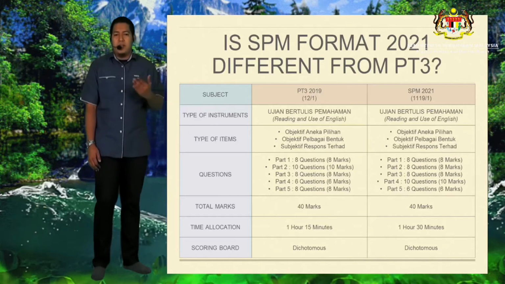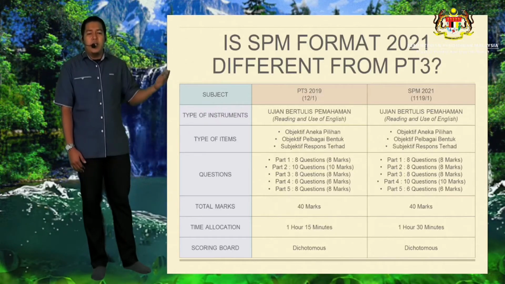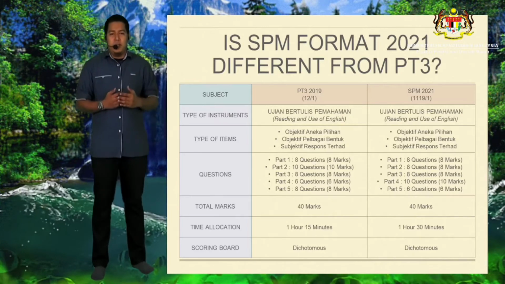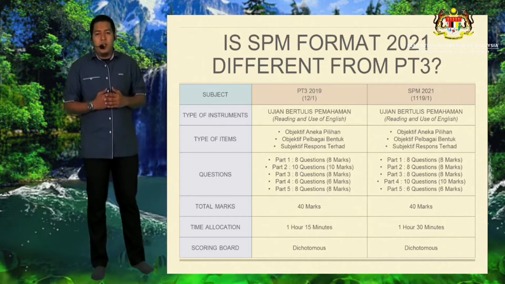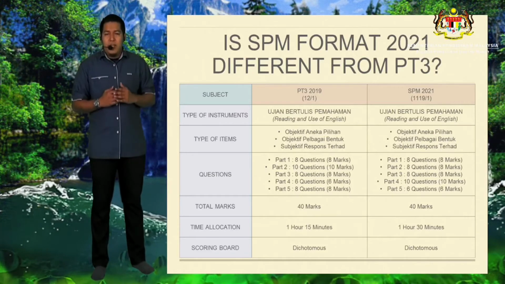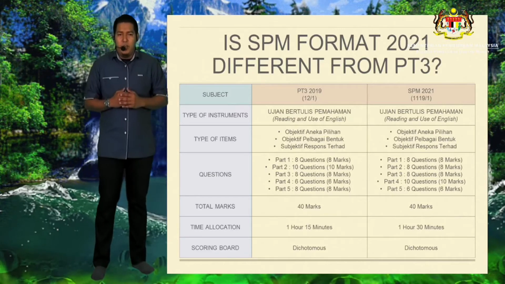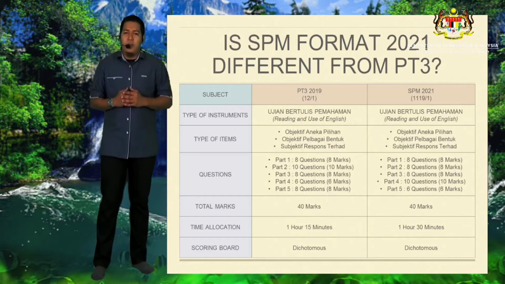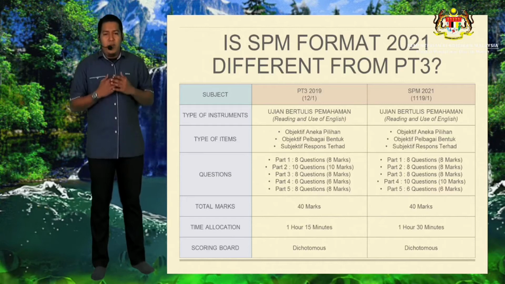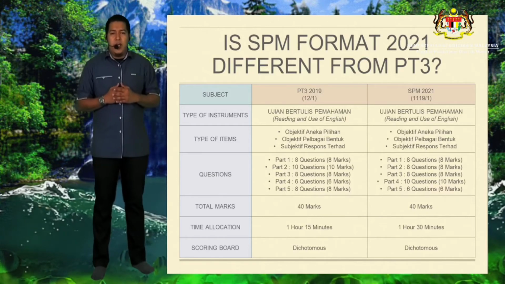How about marks? Both papers share the same total marks, which is 40 marks. And the weightage for the reading paper still remains the same as PT3, which is 25%. The time allocation is different between PT3 and SPM.